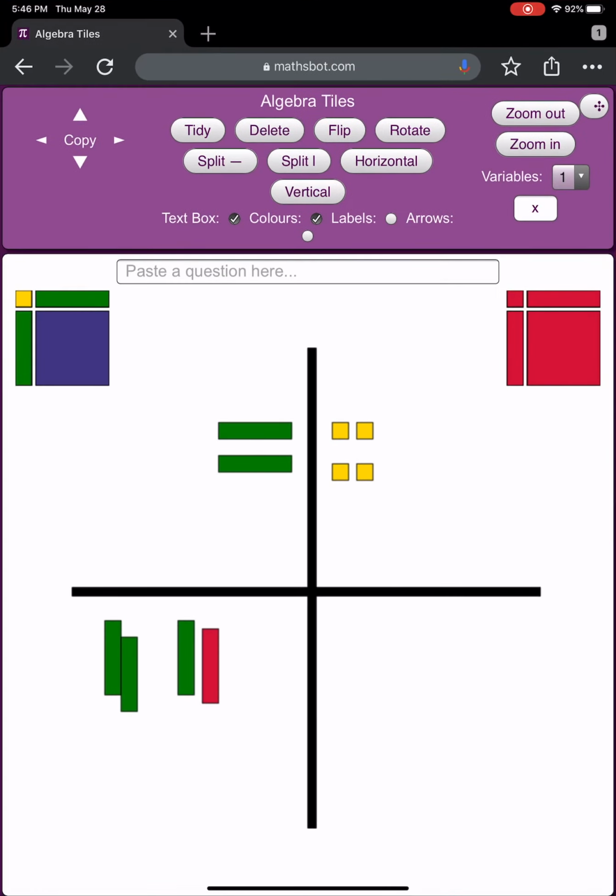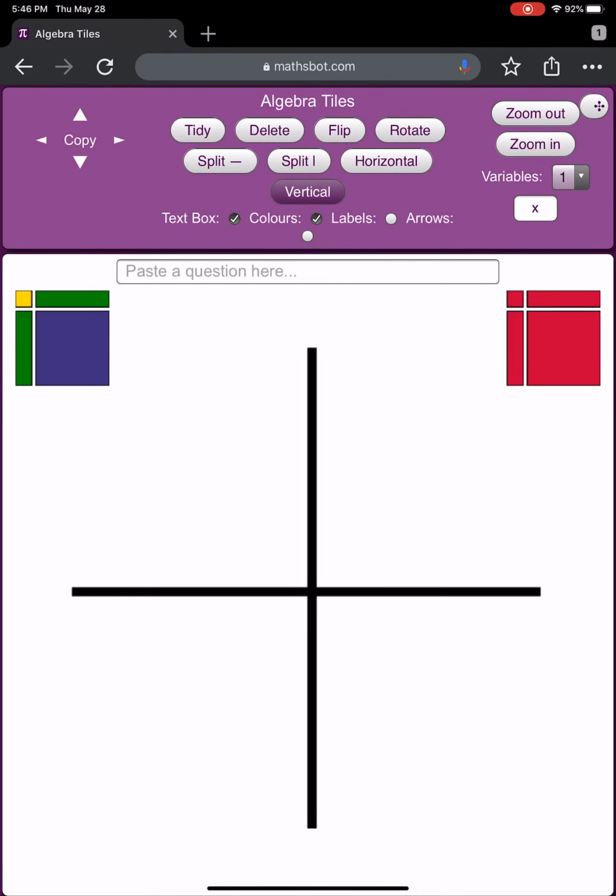3t minus 1 equals t plus 3. Okay. So this one is kind of interesting because it has variables on both sides of the equal sign. So let's set this up for ourselves here. 3t minus 1 equals t plus 3.